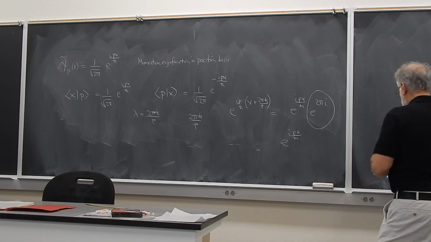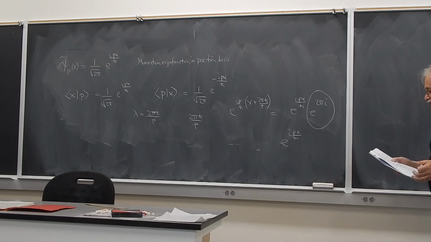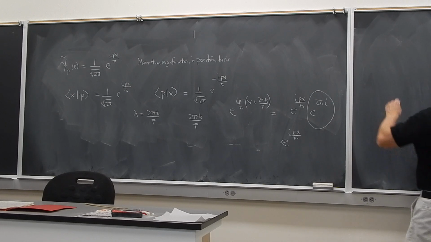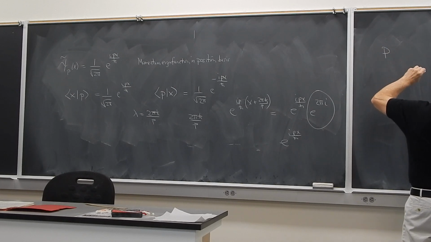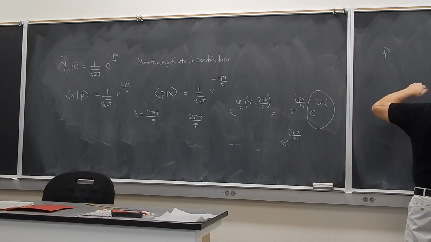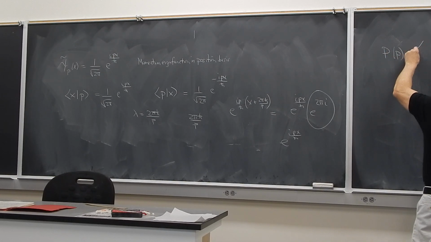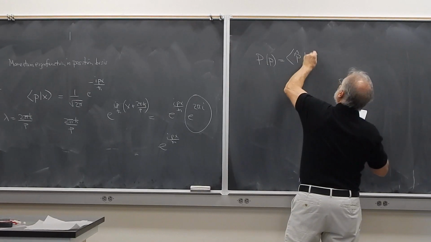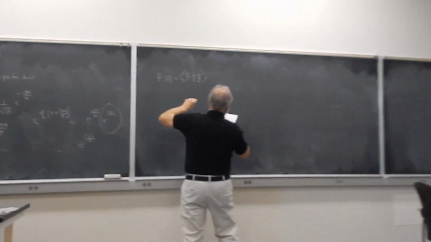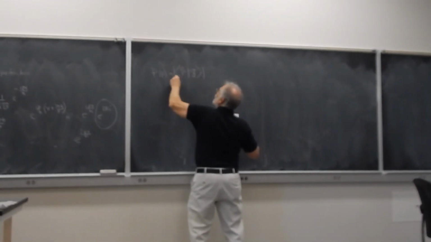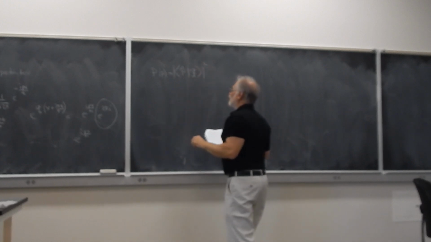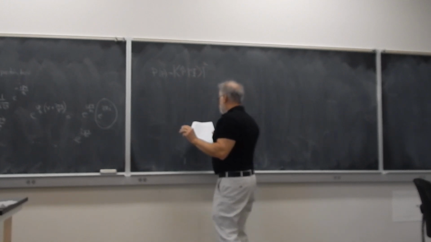Now we might ask ourselves, what's the probability that a particle has momentum p if it's measured? Well, we might say P of p is equal to the magnitude of the inner product of p and psi, squared, just as we did before, the probability that we have p.